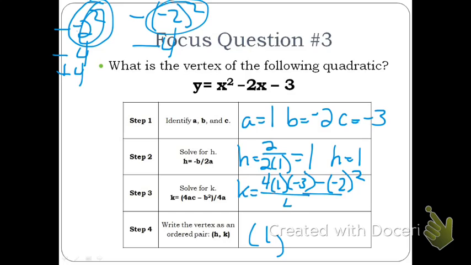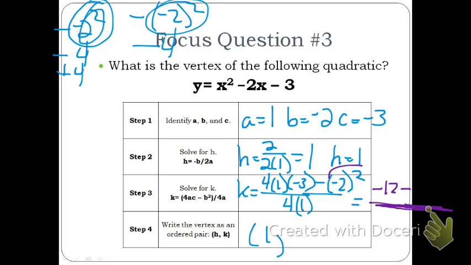All over 4 times A, which is equal to 1. Here again I've run out of room, but I would recommend on your paper that you just write it off to the side. Okay, 4 times 1 times -3. 4 times 1 is 4, times -3 is -12.